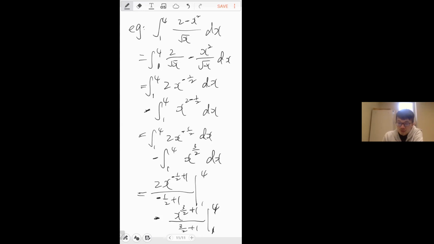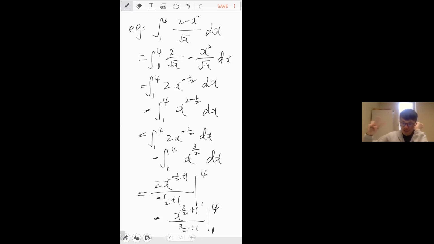Okay. By the way, what's the reason that I can use the fundamental theorem of calculus? We're dividing by root x, so it's actually not continuous everywhere, but what is the reason that we can use the fundamental theorem of calculus? Okay, I say that it's not continuous everywhere, but it's continuous from 1 to 4, and that's enough.